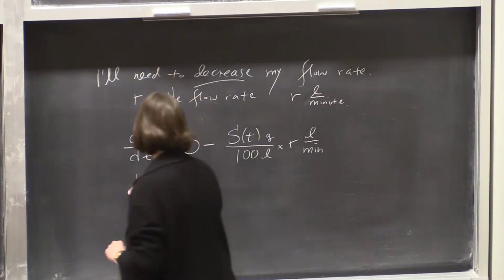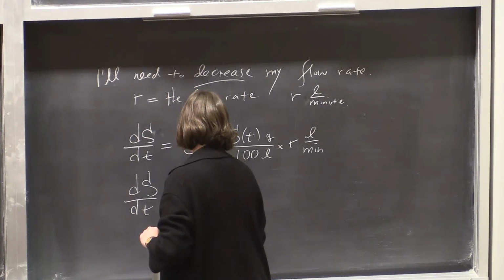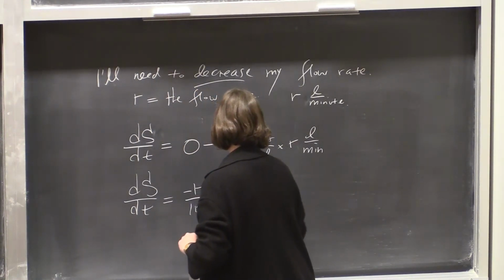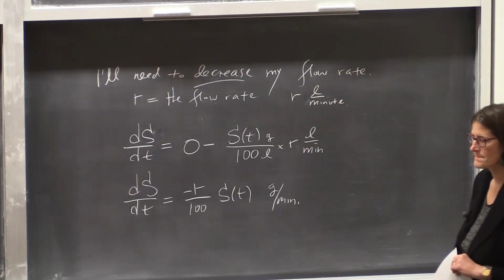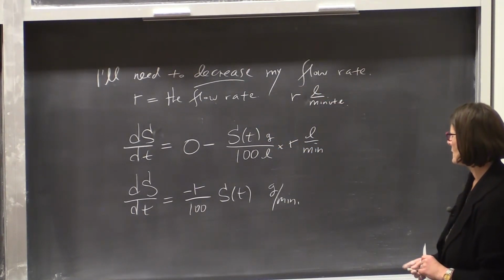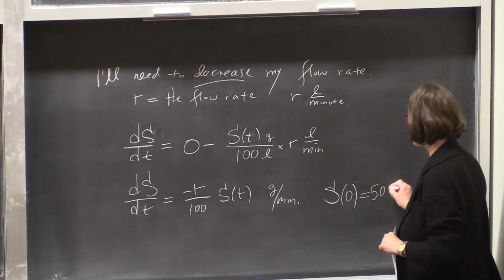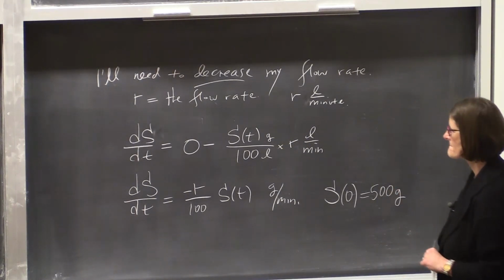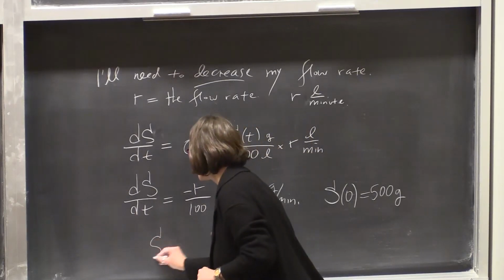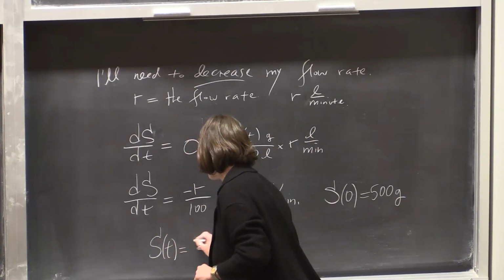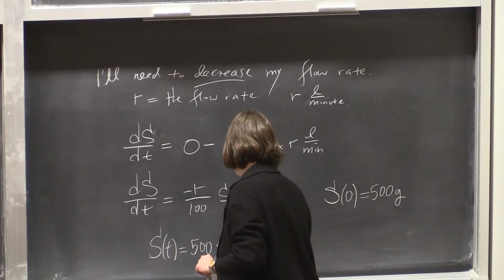So dS/dt is minus R over 100 times S of t grams per minute. And again, I'm still going to want that the initial amount of salt is 500 grams. So I solve this, and I get that S of t is 500 e to the minus R over 100 t.